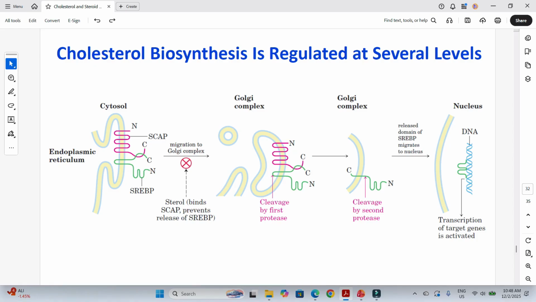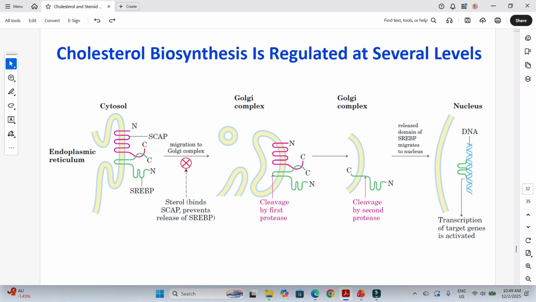These are the proteins that are associated with each other. Now, sterol binds to the SCAP and it prevents the release of SREBP. Essentially, this assembly has to migrate to the Golgi complex. But in the presence of the sterol, it does not do so.